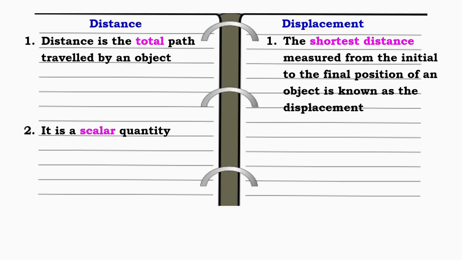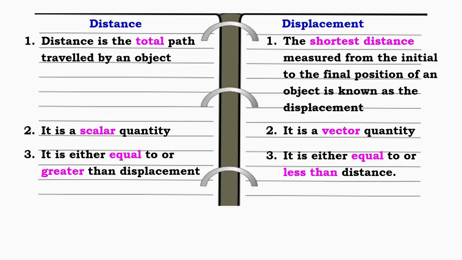Now let us look at displacement. Displacement is the shortest distance measured from the initial position to the final position of an object. Unlike distance, displacement depends on both magnitude and direction. So, displacement is a vector quantity. The value of displacement is always equal to or less than distance because it represents only the straight line change in position, not the full path.